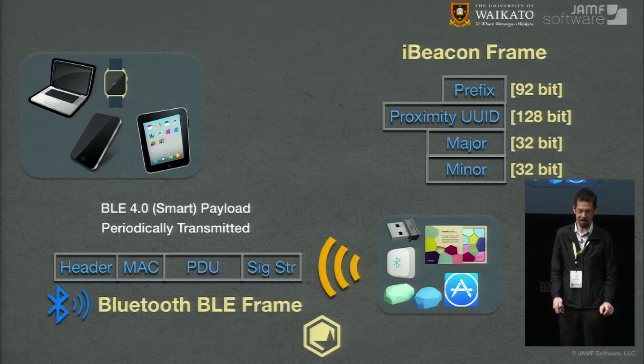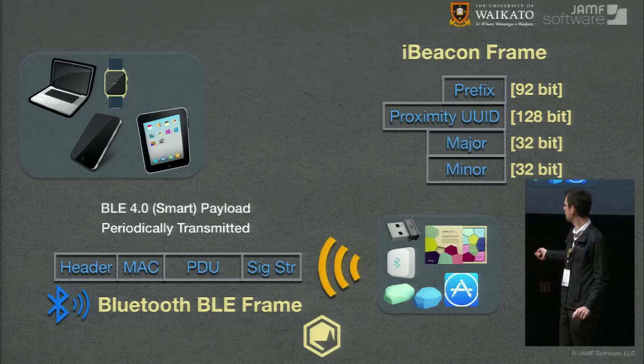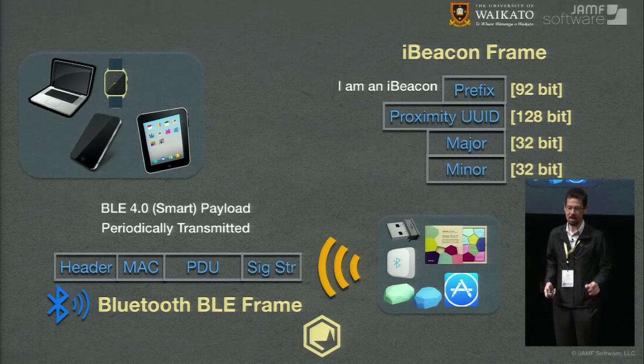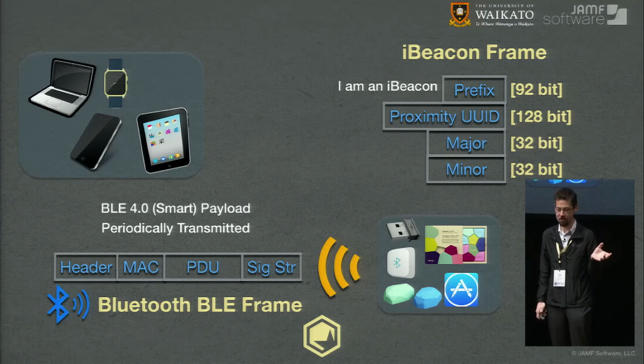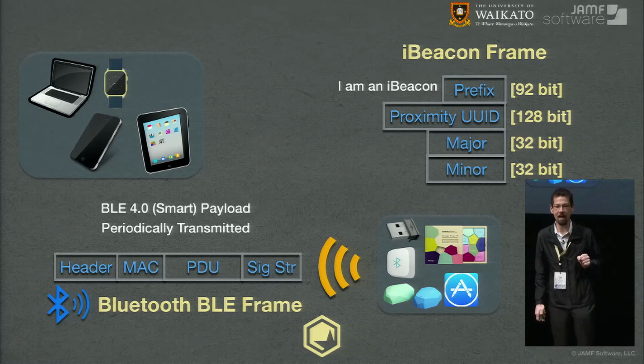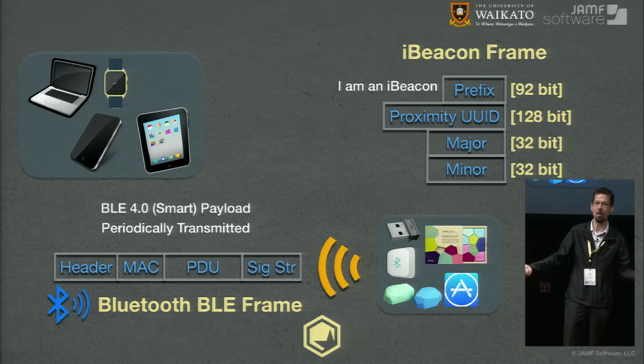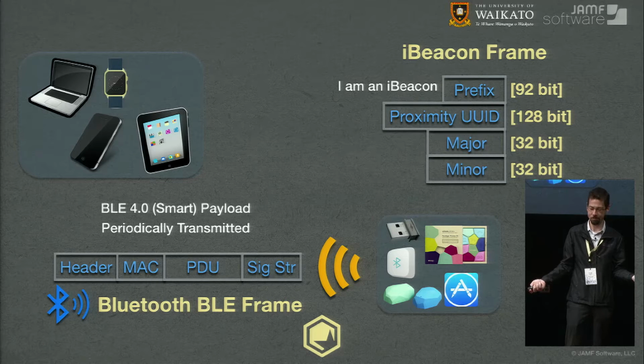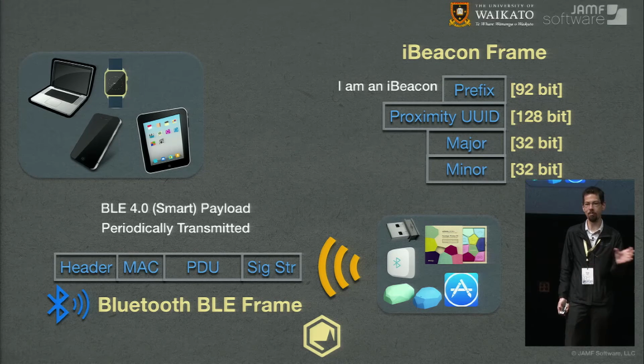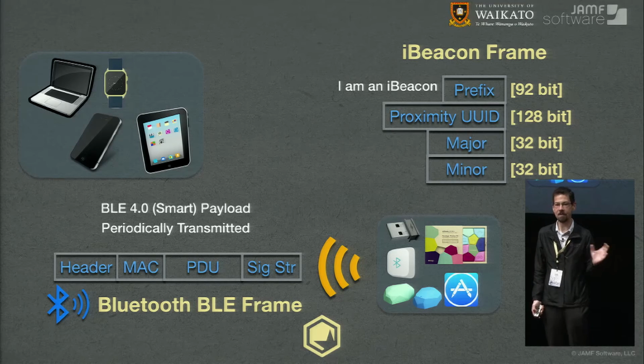The interesting thing is in this PDU section here. That's where the iBeacon protocol lives. The first part of the iBeacon protocol is the prefix, which basically says, hey, I'm of Apple's beacon protocol. So any client peripheral device that receives that knows, oh, that's a beacon. I'm going to need to consult my database of saved beacons to see if this is a beacon I know about.